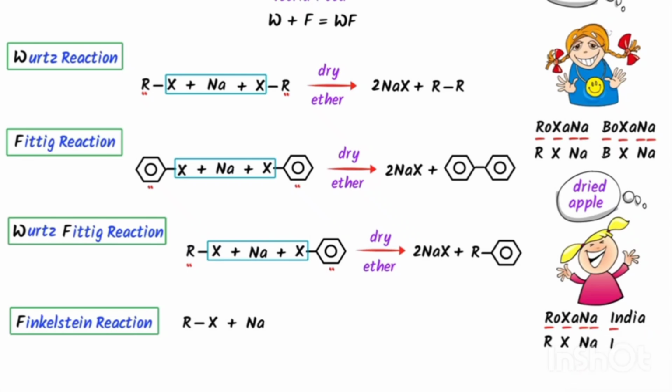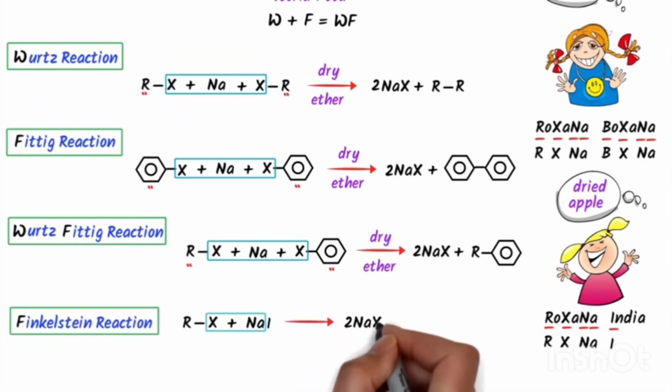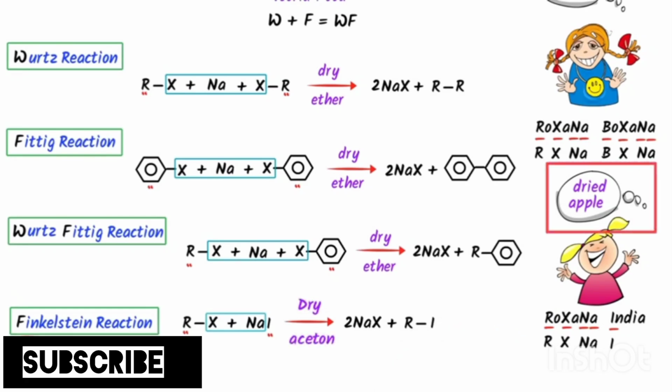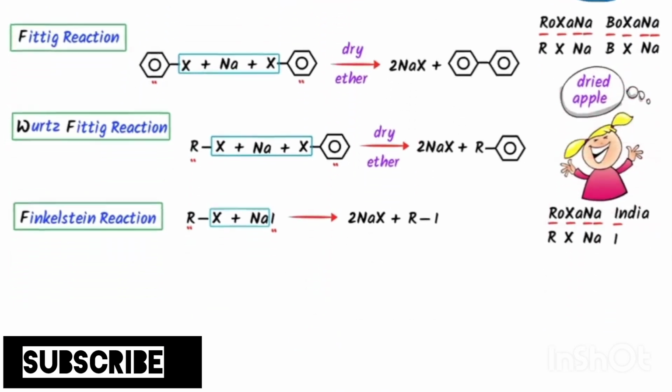This I in India stands for iodine I. We know that metal like sodium loves to react with this halogen. So we get sodium halide plus alkyl iodide. This dry apple means dry acetone. So this is the complete Finkelstein reaction.